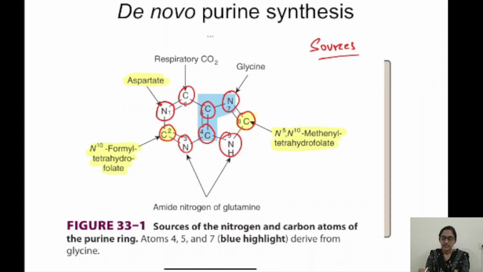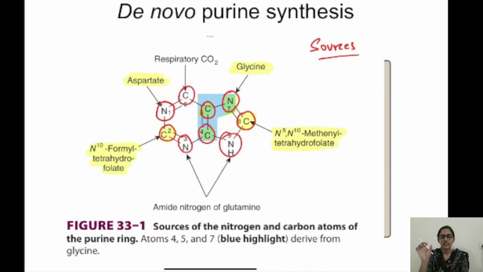And glycine. What is the structure of glycine? It has a carboxyl group to which a carbon is attached, and an amino group is attached to that carbon, and the side chain is nothing but H. So the entire structure of glycine is being incorporated into this purine ring. That's why it's a donor of C4, C5 and N7.